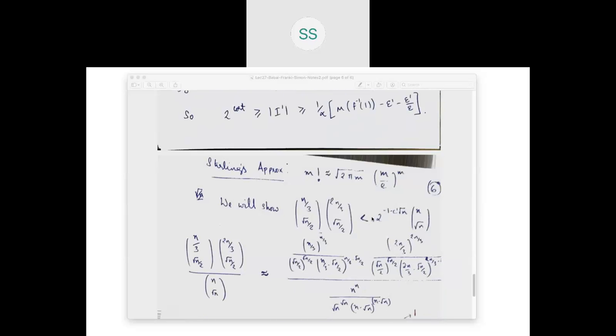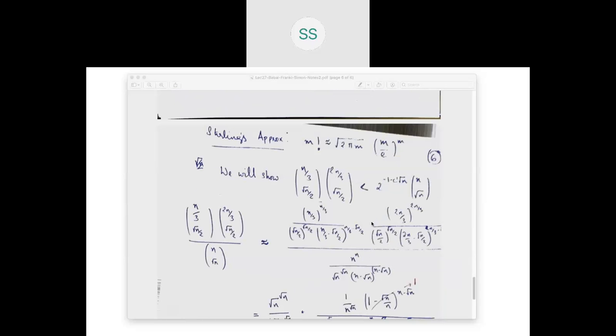Finally, we just go to the Stirling's approximation calculation. Again, if you followed yesterday's calculation, this is very similar. So we wanted to show n by 3 choose square root n by 2, 2n by 3 choose square root n by 2, is strictly less than 2 power minus 1 minus c prime square root n times n choose square root n, right?